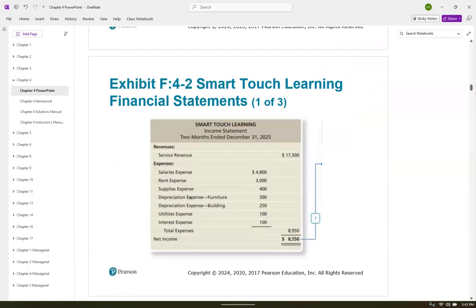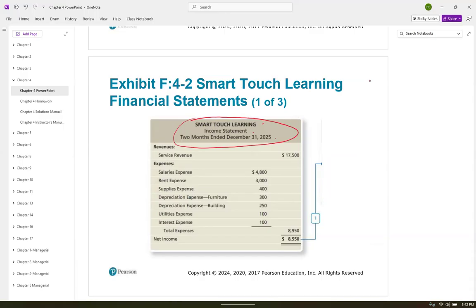Okay, so I want you to notice the heading right here. Headings are very important when it comes to financial statements because it's giving you a lot of information. We have the name of the company, we have the statement that we're looking at, and we have the time. And remember, the income statement is always dated for the month ended. For this one it says 2 months ended December 31st. It could be for the year ended, for the quarter ended, for half the year ended.